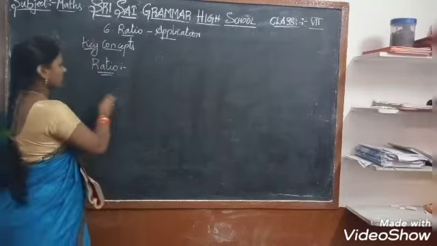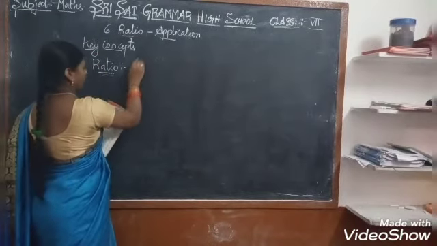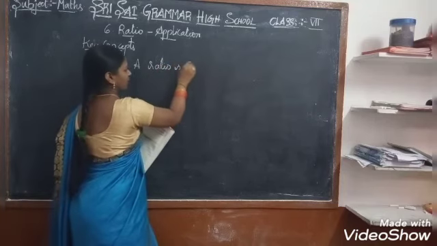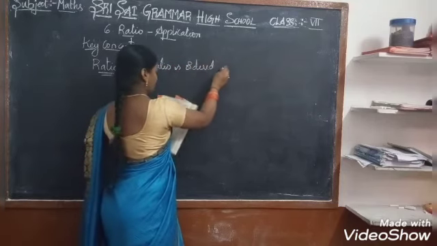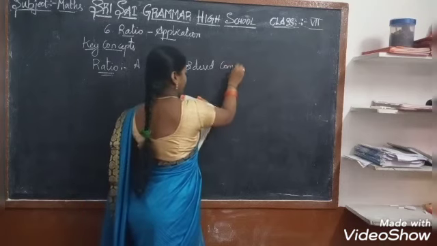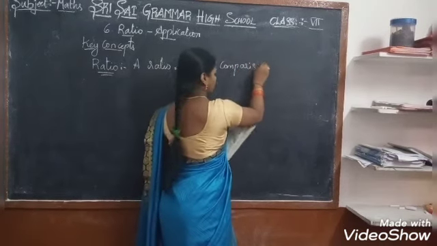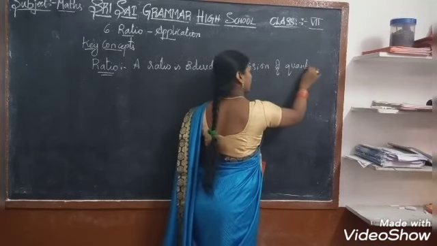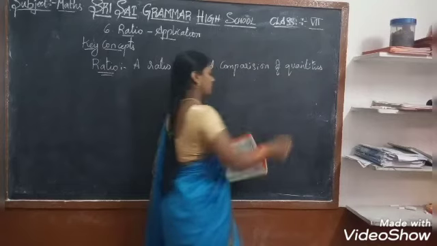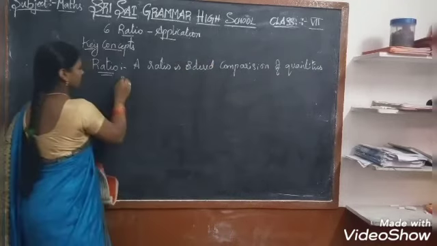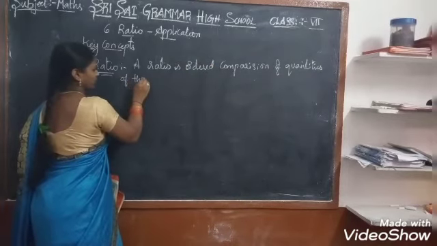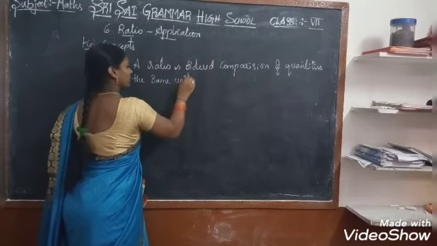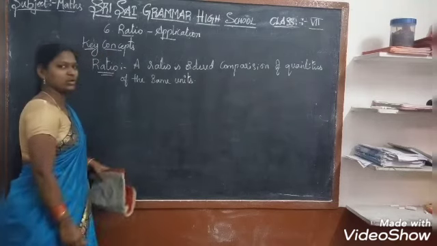Ratio. A ratio is an ordered comparison of quantities of the same unit.